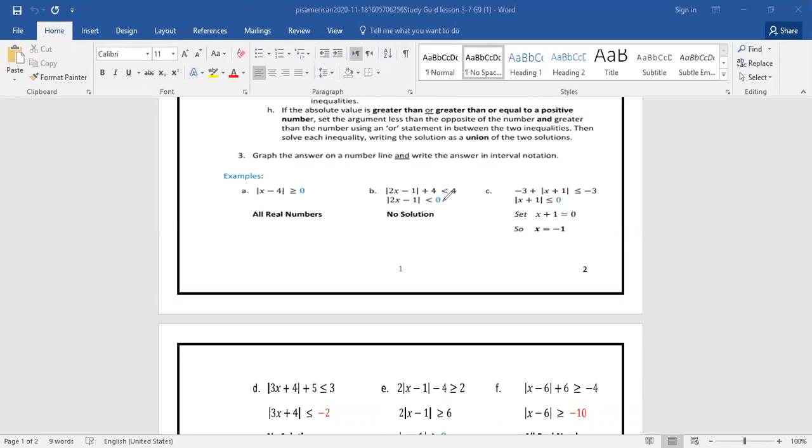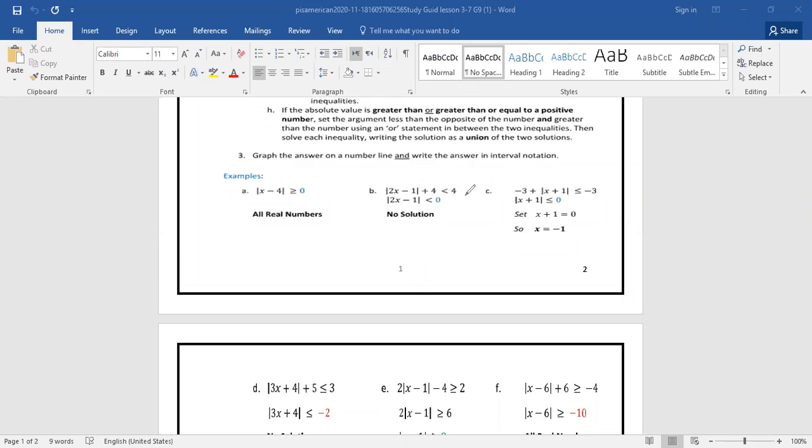And when he said less than 0, which means it will go to the left side, which means it will be a negative value. Negative value, we can't accept. It's wrong. It's a math error. When you said that the absolute value is less than 0, here you have something wrong. So the answer will be no solution.